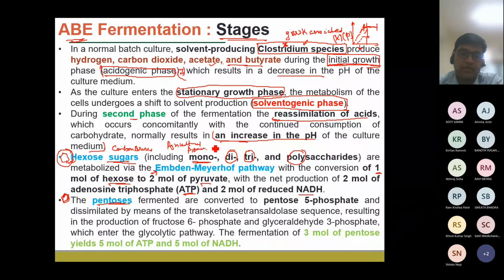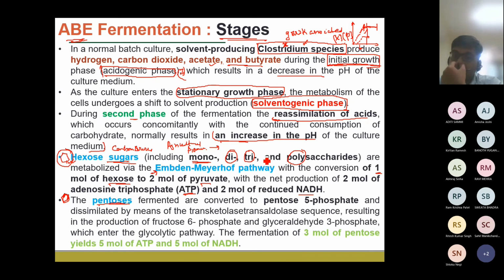We have seen that to extract the cellulose you have to carry out several pre-treatment techniques, and the cellulose can be converted to monosaccharides by the cellulase enzyme. But in this case we don't require those, because the Clostridium species knows how to produce the enzymes which will cleave the di-, tri-, and polysaccharides into monosaccharides.